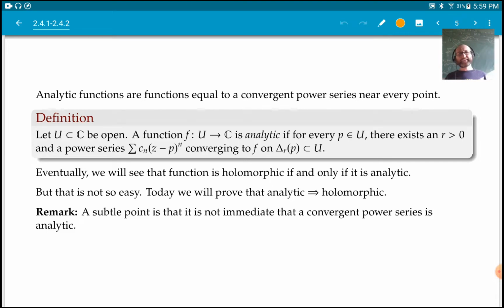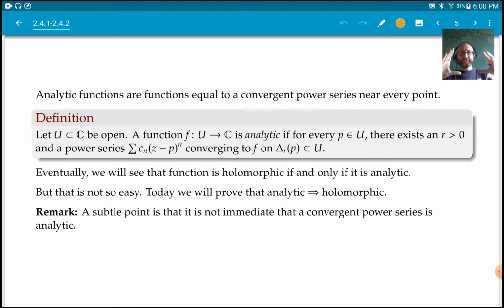Now, a subtle point that's also going to have to wait until we prove that holomorphic functions are analytic is that it's not immediately clear that if you have a convergent power series, it is analytic. Why? Because just because I have a convergent power series, how do I know that it converges in some disk? At the center of the disk, I do have a neighborhood and a power series that converges to my function, which is defined by this power series.